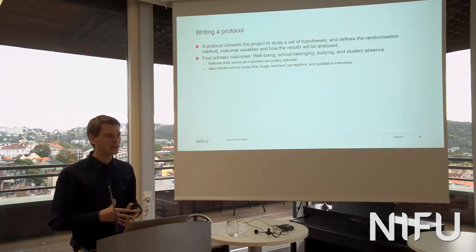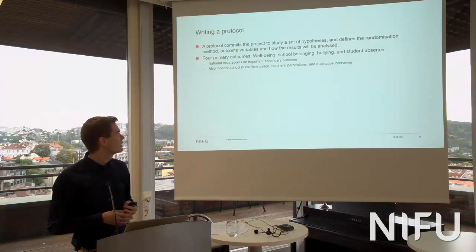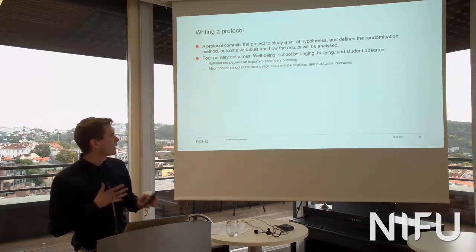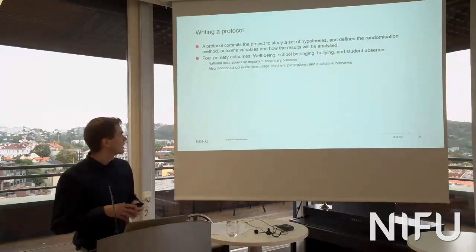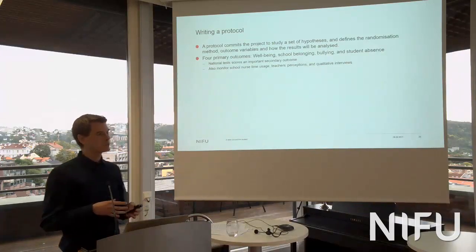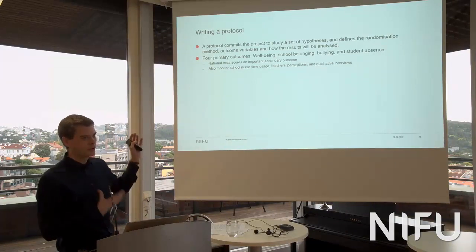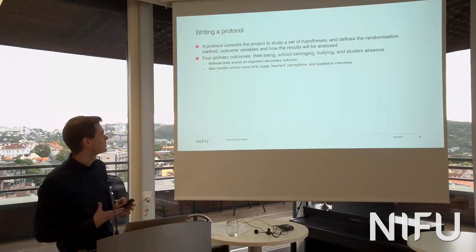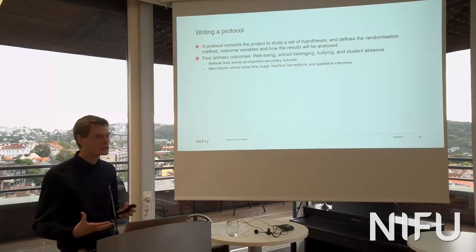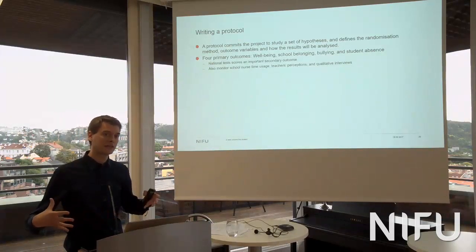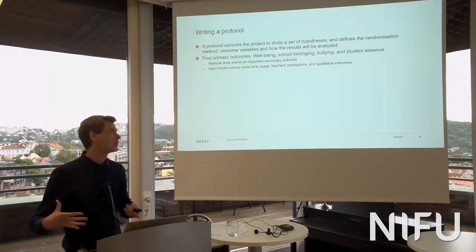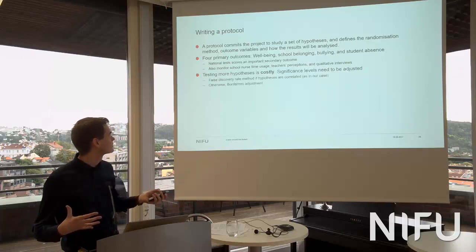Some internationally validated batteries of self-assessed learning environment, which are well-being and school belonging and bullying, and then we have student absence. And then the national test scores will be a very important secondary outcome, and we also monitor school nurse time usage, teacher perceptions, and we have qualitative interviews connected to the RCT to better understand the outcomes.